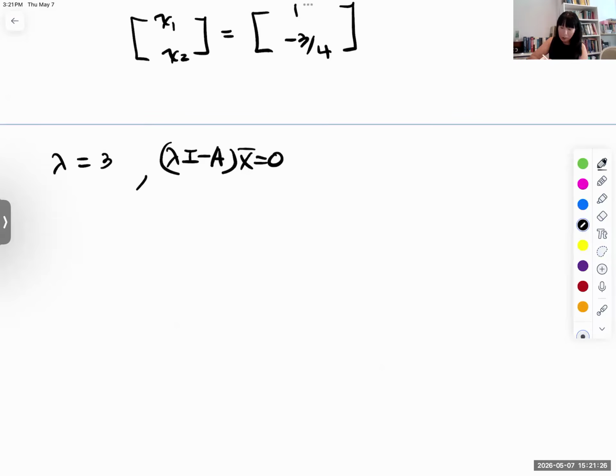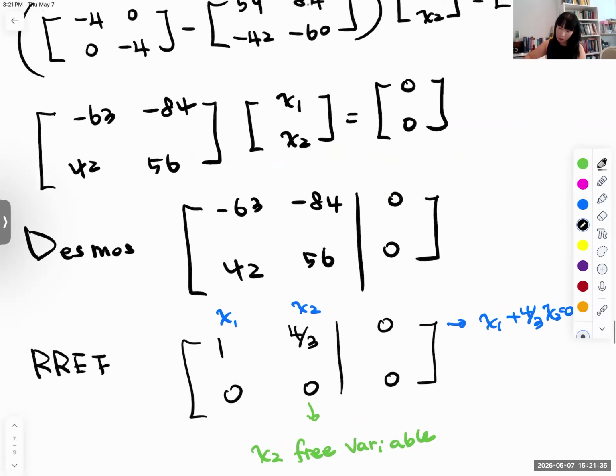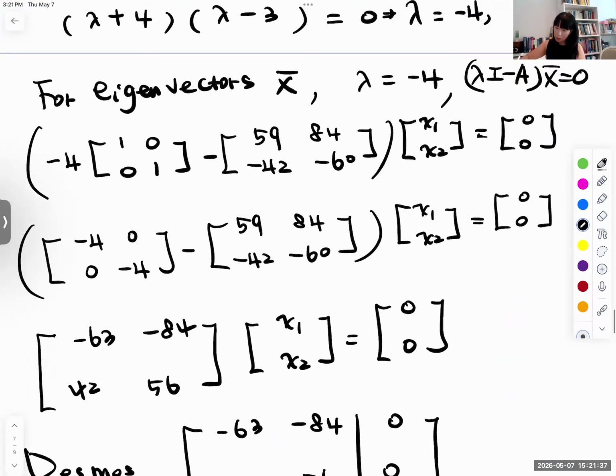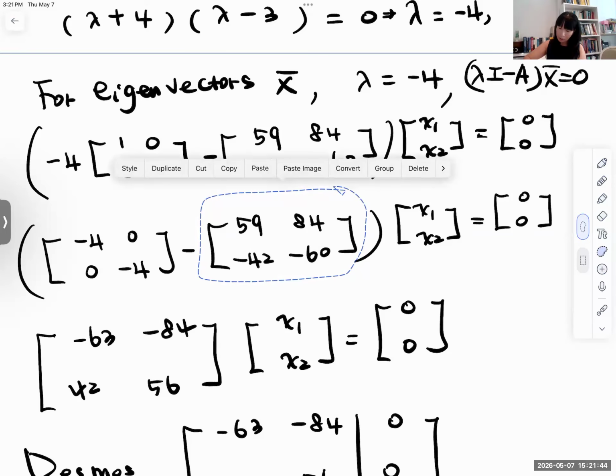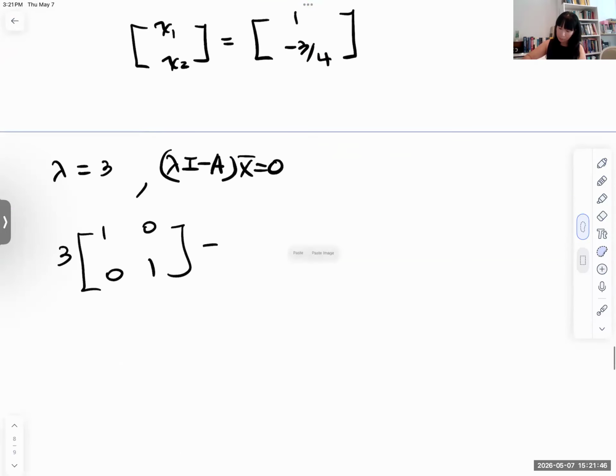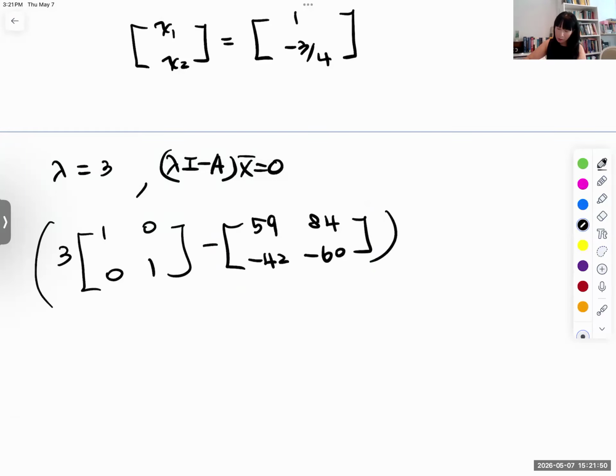So we have 3, 1, 0, 0, 1 minus A. A is this one, right? Copy. And we have x sub 1, x sub 2 equal to 0, 0.